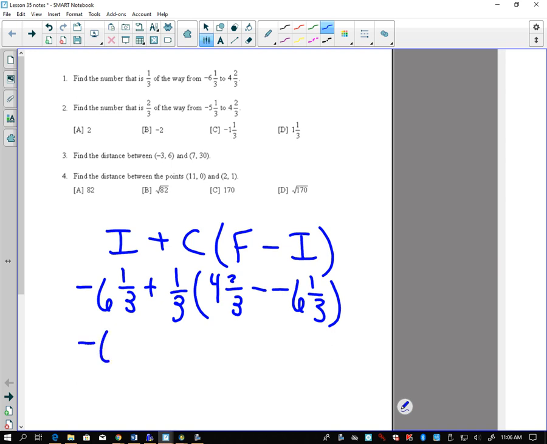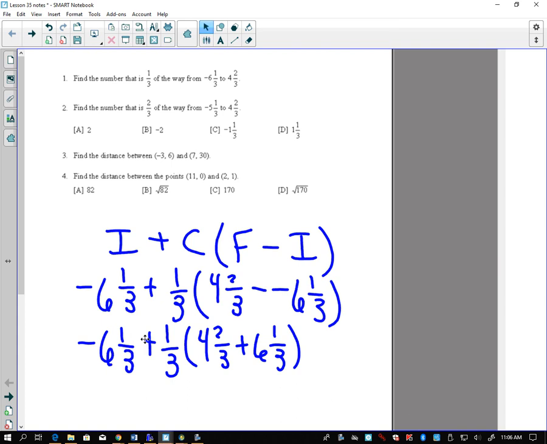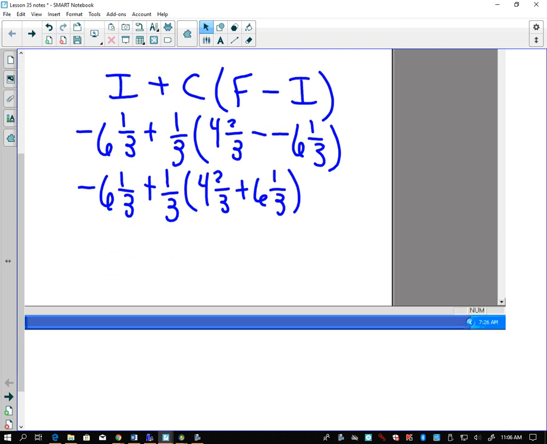All right? So I'm going to go ahead and apply those double negatives and say 4 2/3 plus 6 1/3. Most of these that I've seen worked out tend to come up with a nice number inside. 4 2/3 plus 6 1/3 without a calculator. 11, right? Because 4 plus 6 is 10, right?